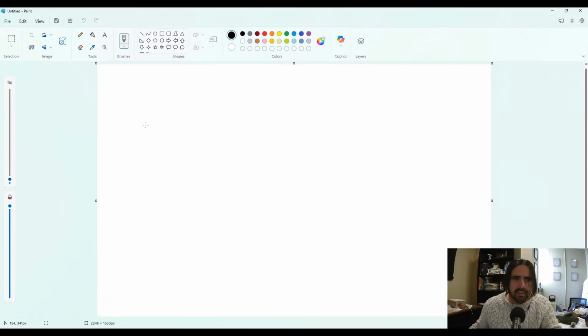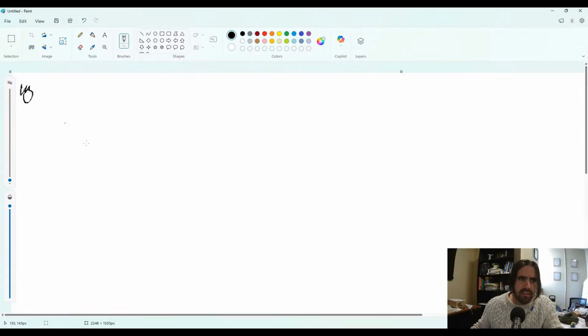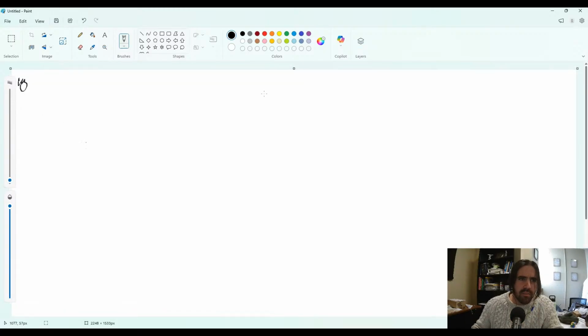That's a goodly amount of space. Let's make sure we have the appropriately sized pen. Yes, the calligraphy brush at 2x. Let's zoom back a little bit. There we go. Okay, that works. Alrighty, let's jump into this then.